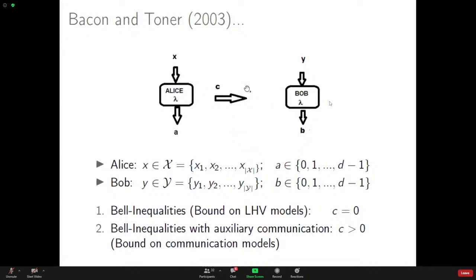In the case of Bell inequalities with auxiliary communication, one allows some communication from Alice to Bob, and then asks what correlations are allowed under this new setting. So these auxiliary Bell inequalities give a bound on communication models.